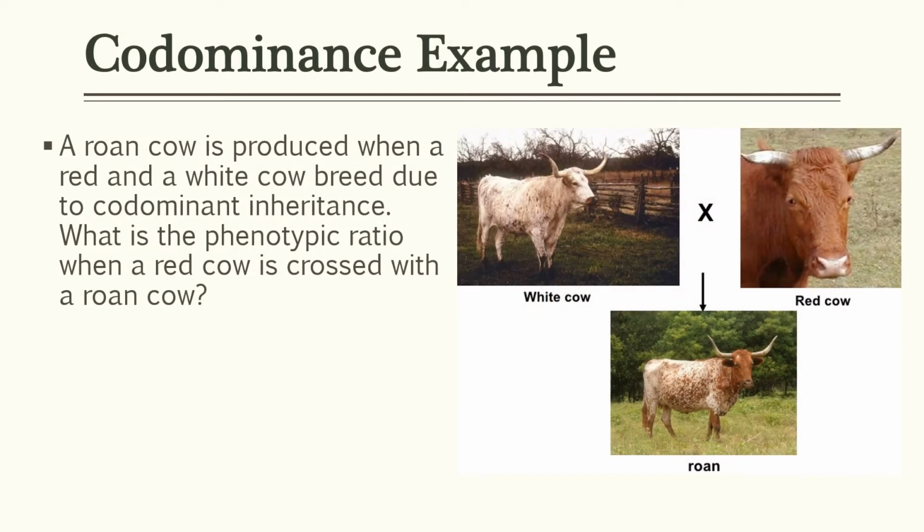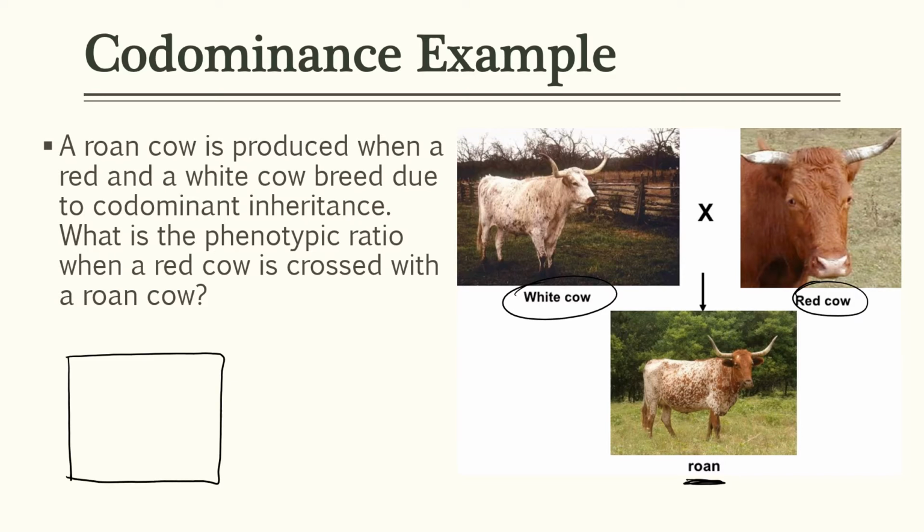So let's do this example together. A roan cow is produced when a red and white cow breed, and they'll experience codominant inheritance. So this is the roan cow at the bottom, and we're going to cross the red and the white cow to get that situation. So what would be the phenotypic ratio when a red cow is crossed with a roan cow? In this case, my cow that's white is going to have this particular genotype. The red cow will have this one, and the roan cow is going to be the mix of the two.